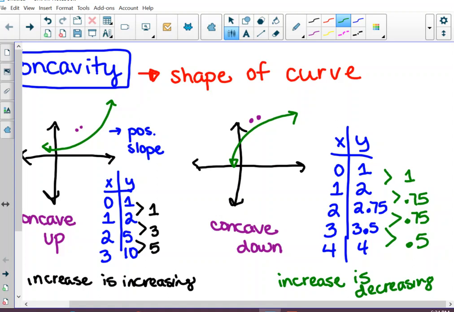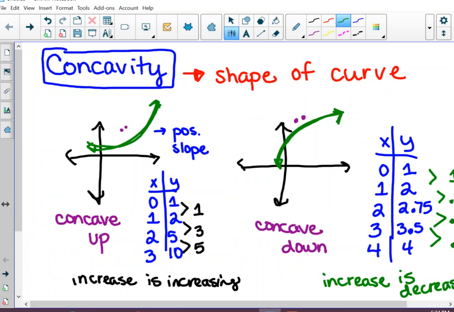And that makes the curve, when it's rising, curve that way versus that way. The same thing can happen with decreasing curves.